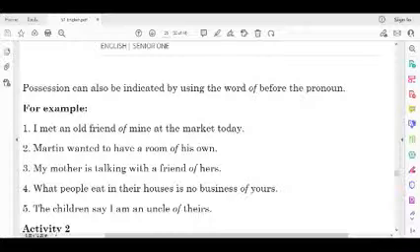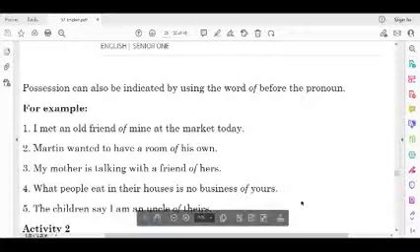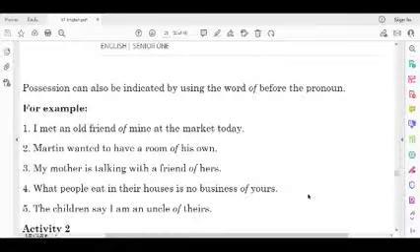Okay, so maybe just to take you back, we've seen that the possessive pronouns, where we have examples like yours, his, hers, and others like its and theirs, are used to show the possession of something, or that someone owns something. So we looked at that and we answered the first task.